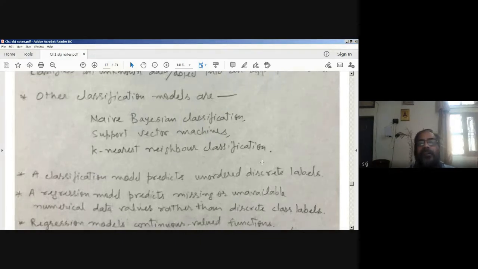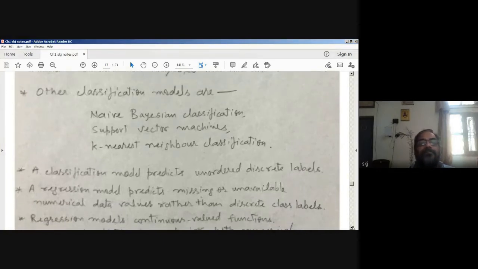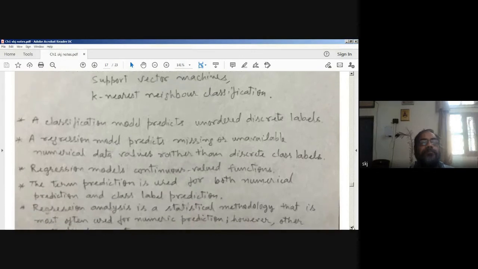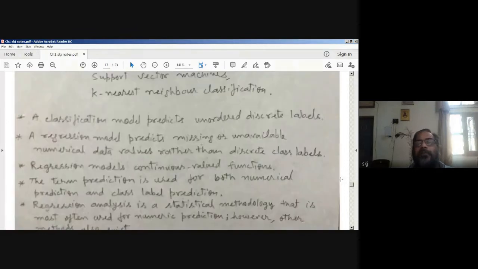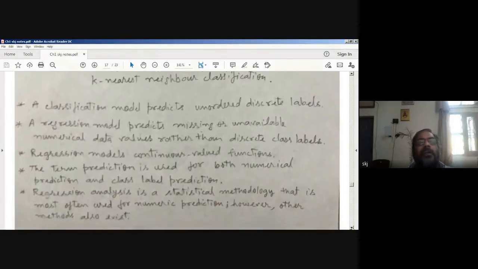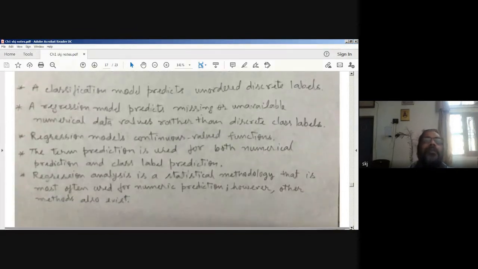Then K nearest neighbor classification is another classification model. A classification model predicts unordered discrete levels. Here in classification, we take unordered discrete objects or levels.